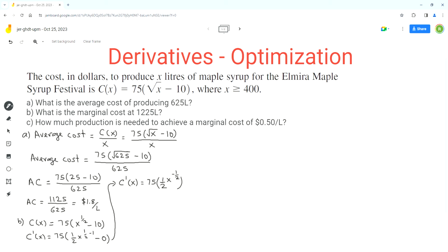Now we have to find the marginal cost at 1225 liters, and x represents the volume. So in the next step we can sub in x as 1225. So it's equal to 75 times half. Now x has a negative exponent, so we can move x to the denominator and that will make the exponent positive. So we get 1225 exponent half.